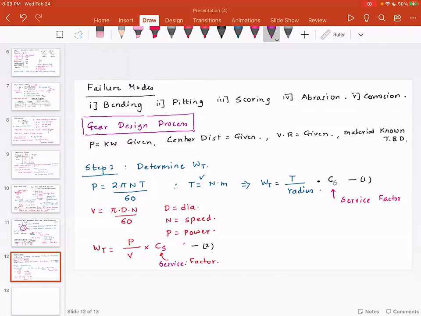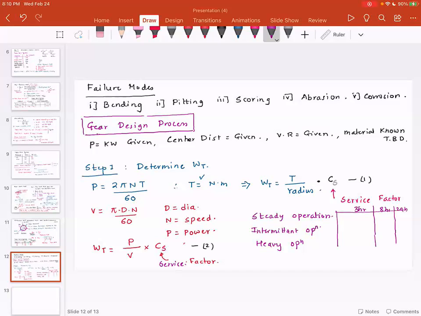So what do we mean by service factor? Service means whether it's a steady operation, whether it is intermittent operation, or heavy duty, heavy operation, and then is it going to be, say, 3 hours, or 8 hours, or 24 hours? So what type of duty cycle is that system or that gear pair subjected to?